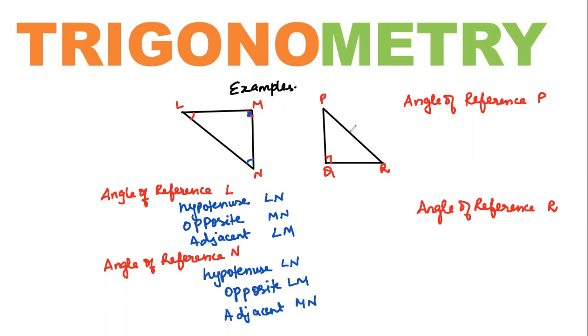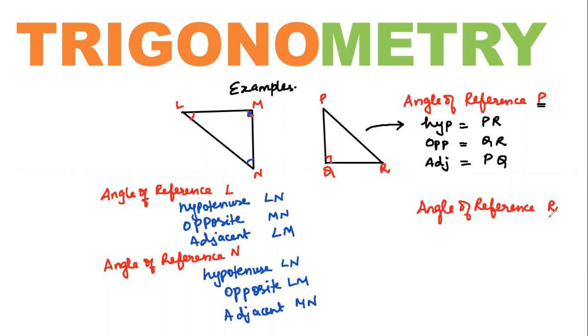Similarly, for this triangle, we can say the hypotenuse is PR. With reference to P, opposite will be QR, and adjacent is PQ.